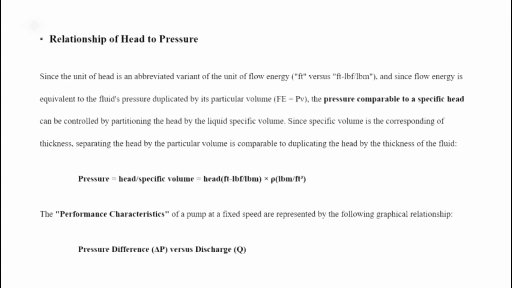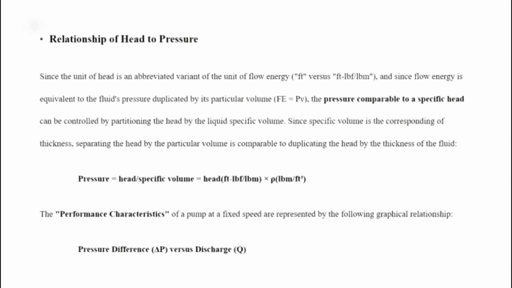So the relationship of head to pressure: since the unit of head is an abbreviated version of the fluid flow energy, and since flow energy is equivalent to the fluid pressure multiplied by its specific volume, the pressure equivalent to a specific head can be determined by dividing the head by the fluid specific volume.